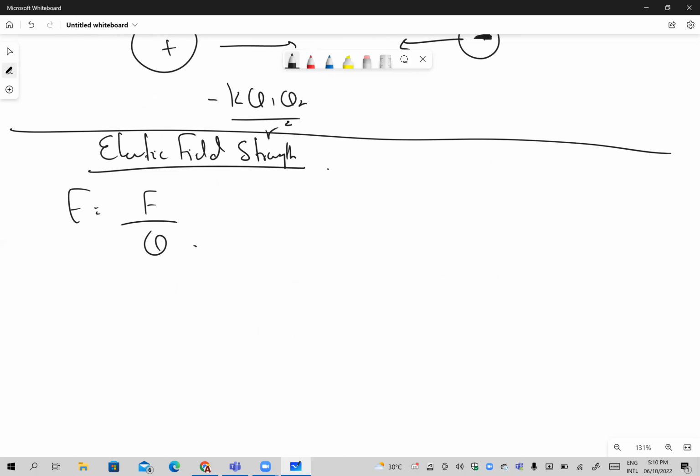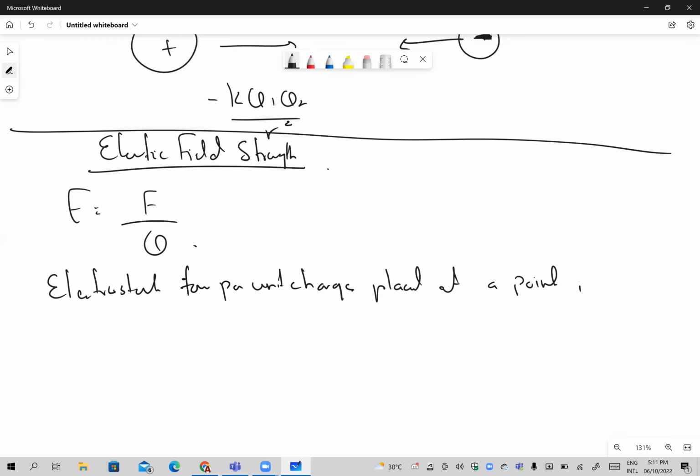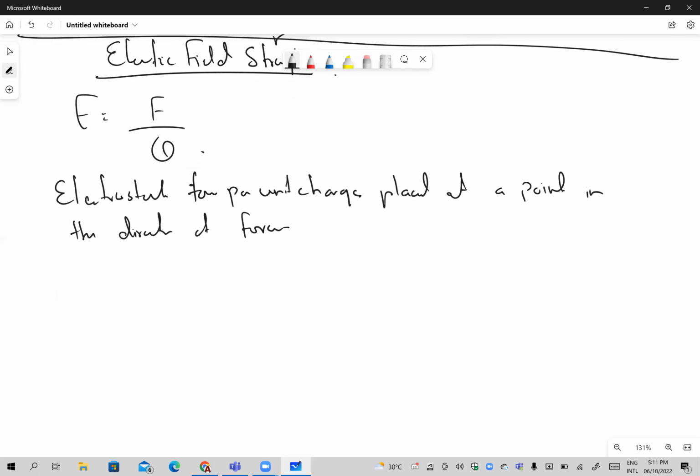As per the marking scheme definition, electric field strength is the electrostatic force per unit charge placed at a point in the direction of force.